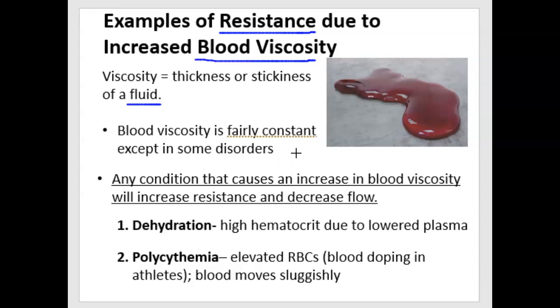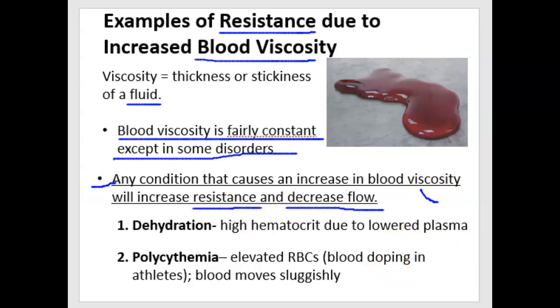Water moves pretty freely. And in our circulatory systems, the viscosity is fairly constant, except in some disorders. So we're going to look at conditions that cause increased blood viscosity, which will increase resistance and decrease flow.